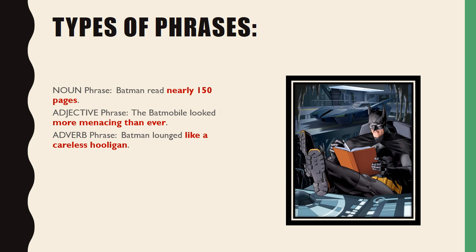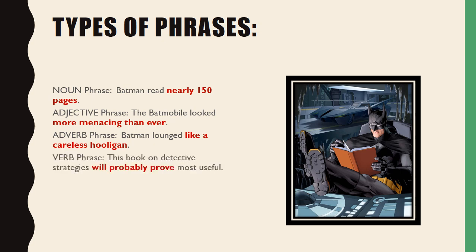So we could say Batman lounged carelessly, and that would be a single word adverb. However, we say Batman lounged like a careless hooligan, and the entire adverb phrase is describing the way that Batman is lounging, which makes it an adverb. But again, as with the others, you can't just say like a careless hooligan and expect that that's a complete sentence, because it isn't.